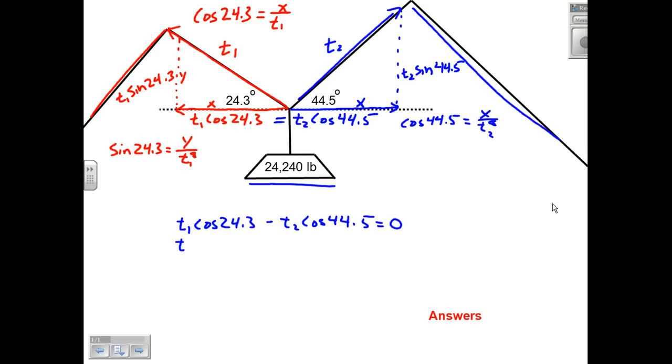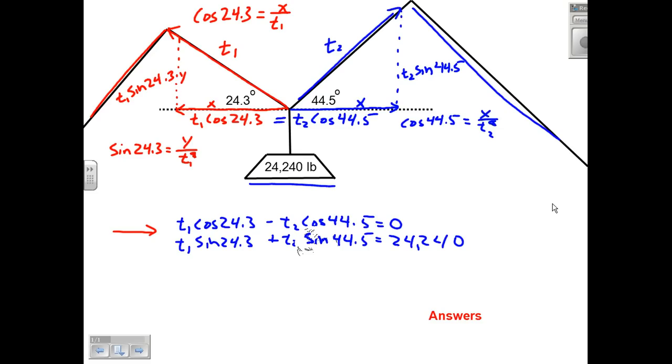So that is T1 sine of 24.3 plus T2 sine of 44.5 equals 24,240. So what we have here is a system of equations. In fact, it's a linear system. It just is kind of ugly.